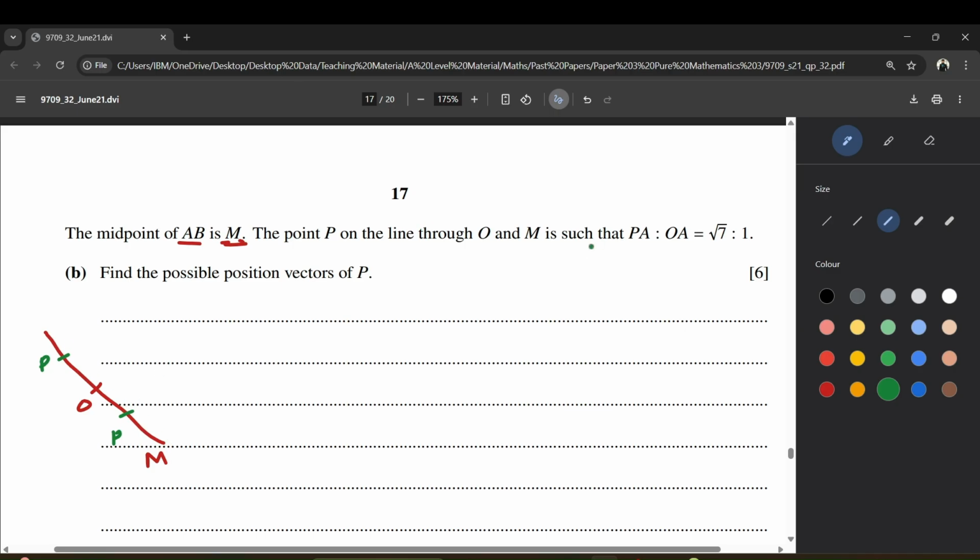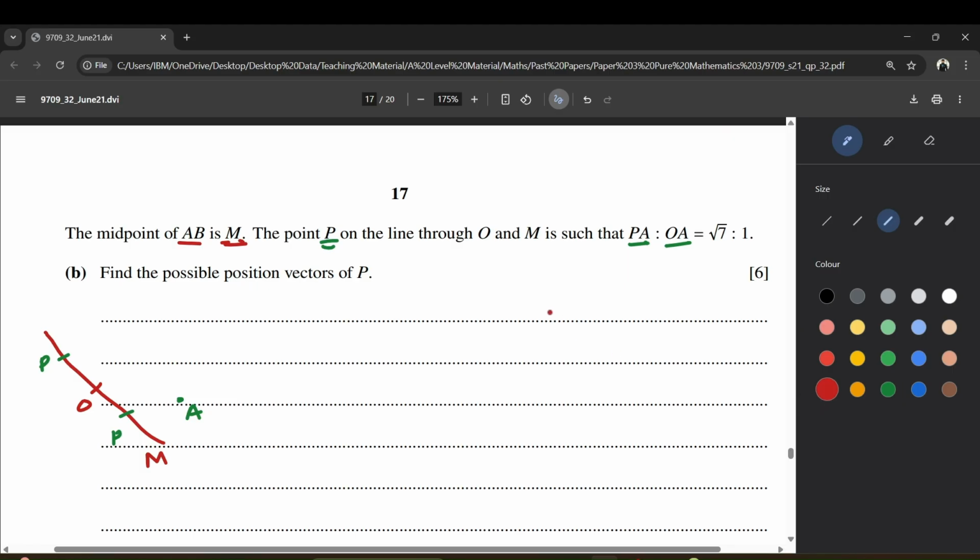Now it says that this point P is such that PA ratio OA is root 7 ratio 1. So A is maybe somewhere over here, because A is not lying on this line. So that's what the ratio is given. Find the possible position vectors of P.